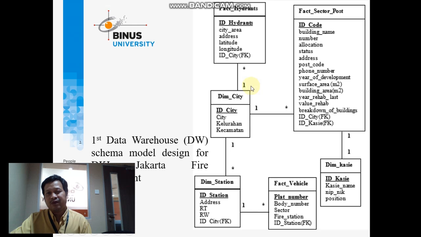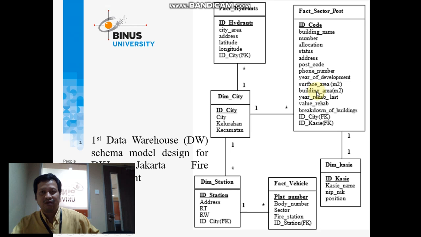And then after we have the fact tables, we build some other dimension tables. Let's say we build the dimension table city, where the dimension city connects with each fact table. For example, the fact hydrant relates to the dimension city, since a fact will be located in one city, or could be in another city.